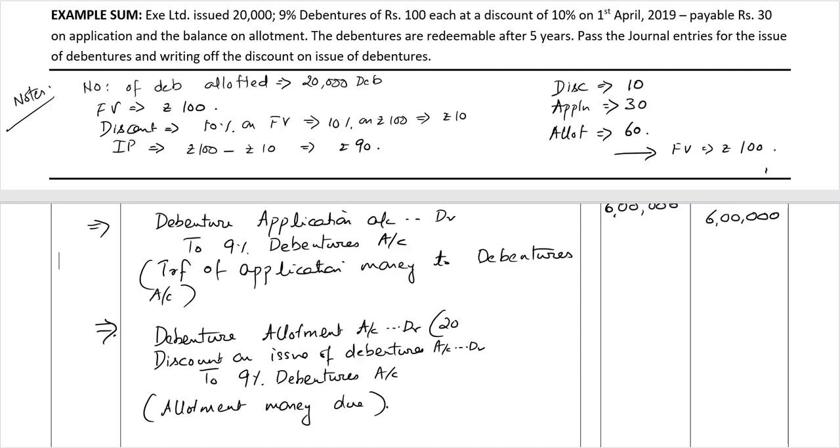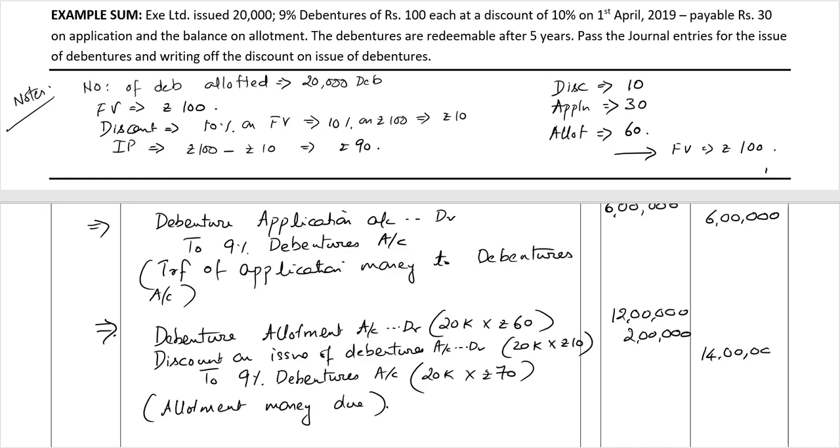Amount against debenture allotment account is 20,000 debentures multiplied by rupees 60. Amount due on allotment comes up to 12 lakh rupees. Against discount on issue of debentures, 20,000 debentures multiplied by rupees 10 per debenture, 2 lakh rupees. And amount against 9% debentures account is 20,000 debentures multiplied by the total of allotment due plus the discount, which is rupees 70 per debenture, comes up to 14 lakh rupees.